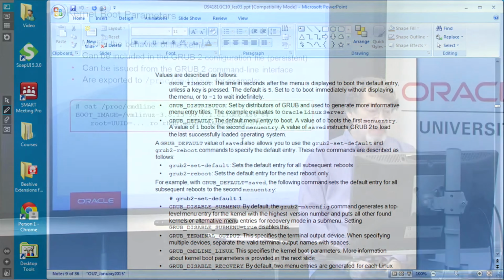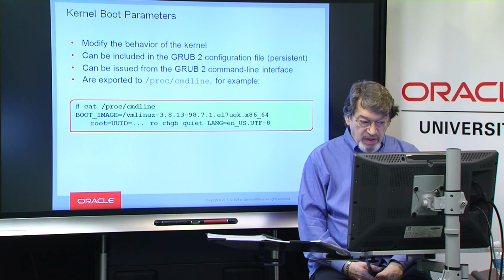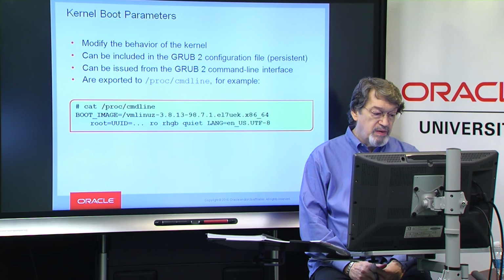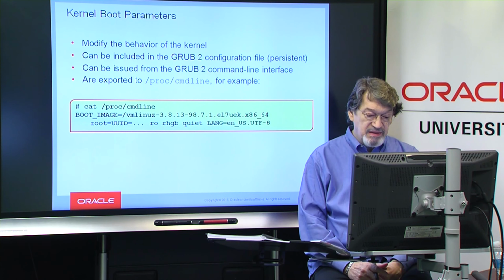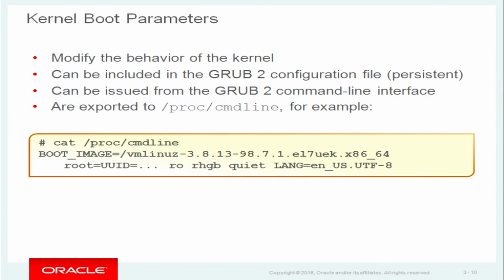All right. So in the /proc mount point from inside the initial RAM disk, there is a cmdline file that contains the information with regards to the boot image that you booted. So once again, 3.8.13-118.el7uek, UEK3.